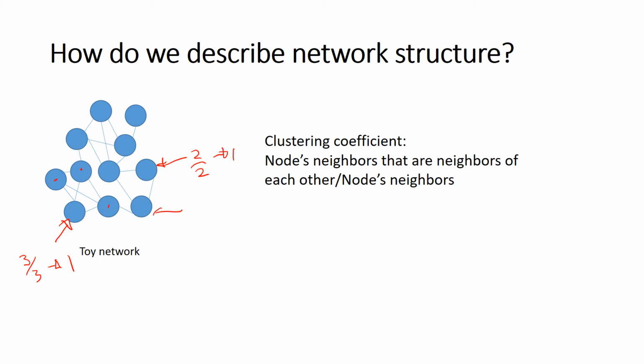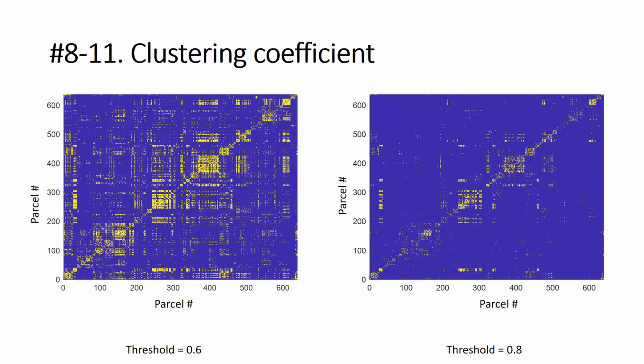But now if we look at this node in between groups, this node has 3 neighbors, but only 2 are neighbors of each other. So its clustering coefficient is going to be 2/3. And so this is a property we can calculate on a node-by-node basis, but it does give us some information about how the nodes in that graph are grouped.